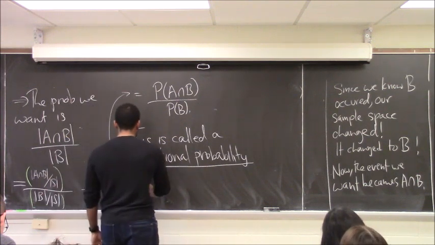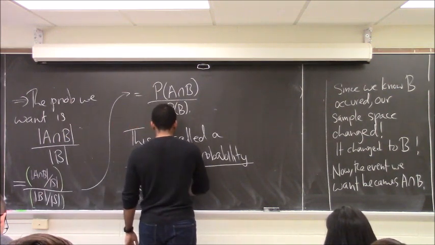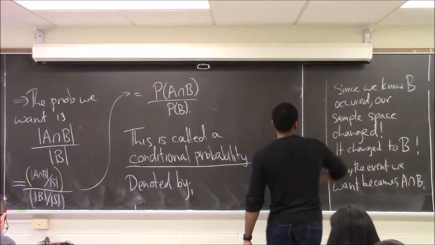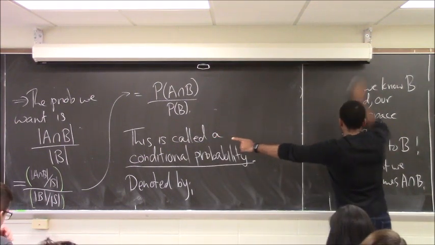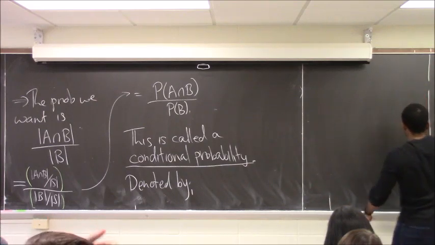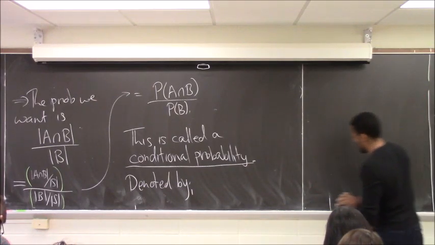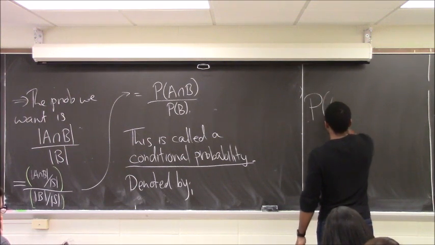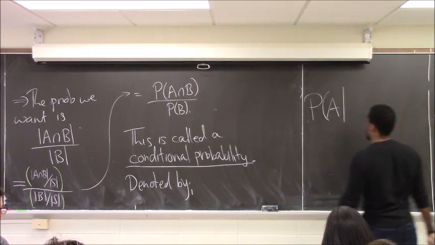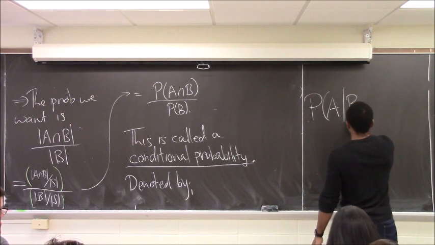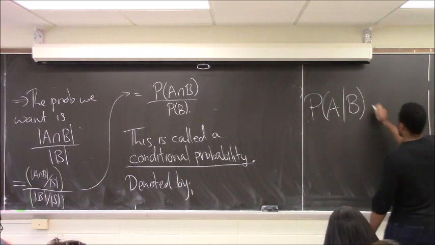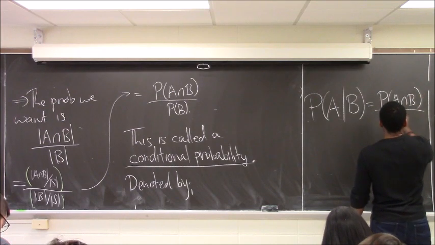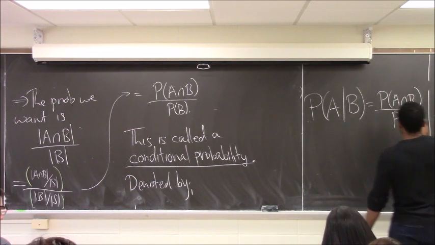It is denoted by this. Whenever we want to mention that that's the formula we're thinking of, or some variant of that formula, the notation is: P of A, we write a vertical bar, B. And by our definition, that is going to be equal to this.